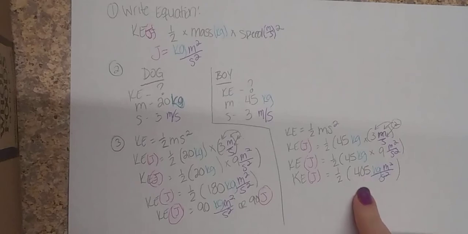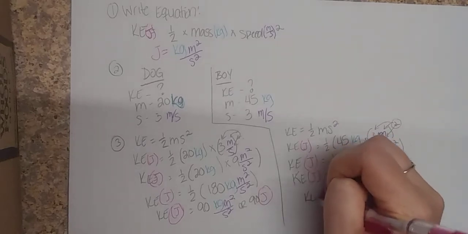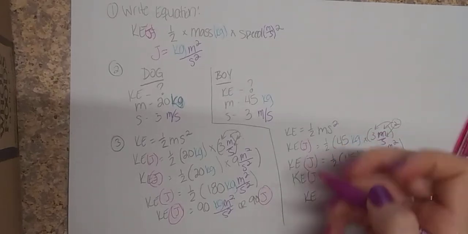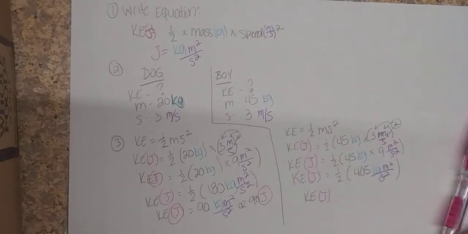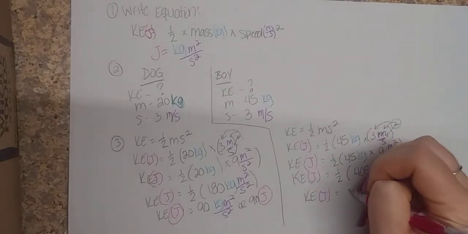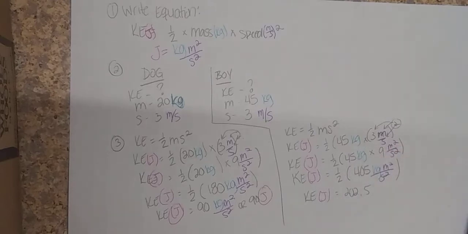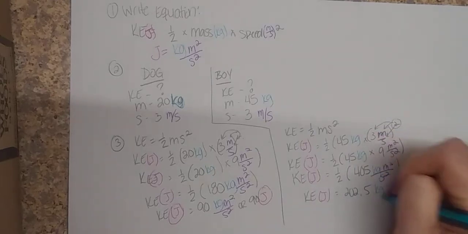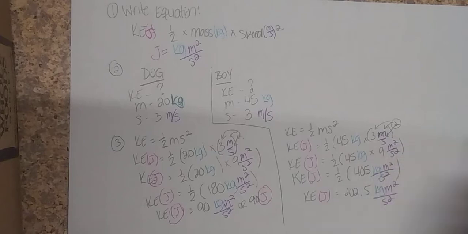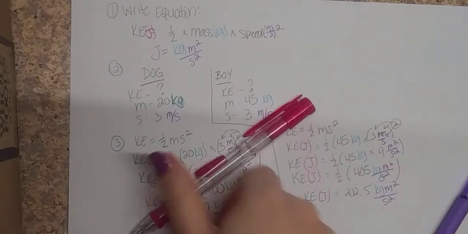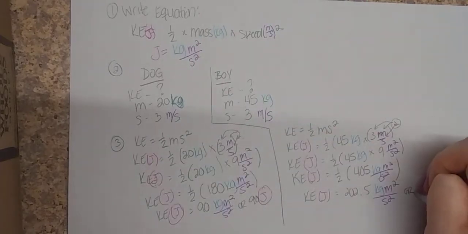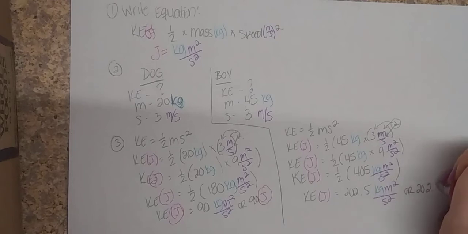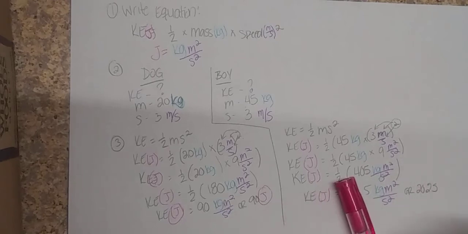So now we can take the half of the 405, giving us kinetic energy, again in a joule, which is 202.5 kilogram meters squared per second squared, or 202.5 joules.